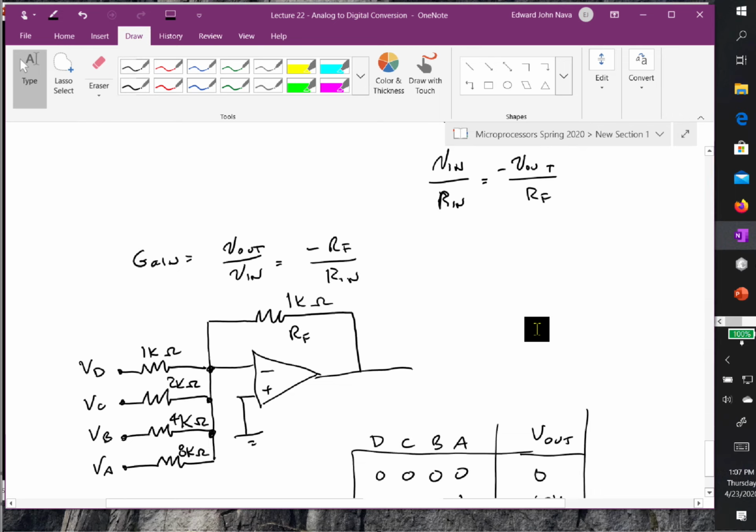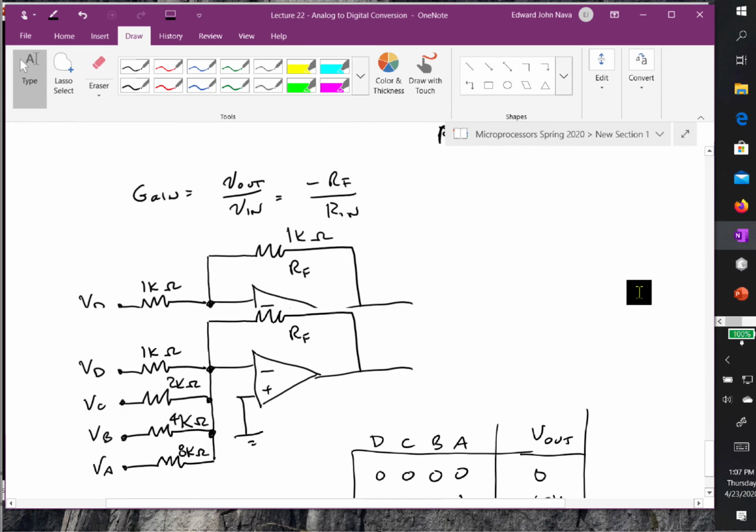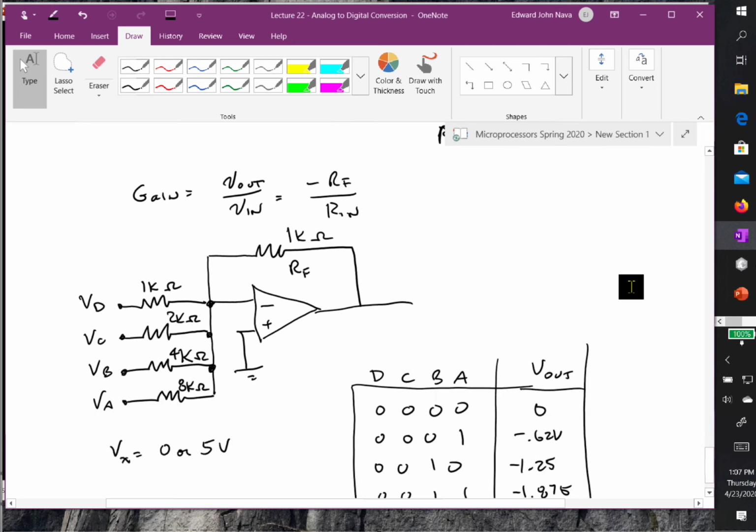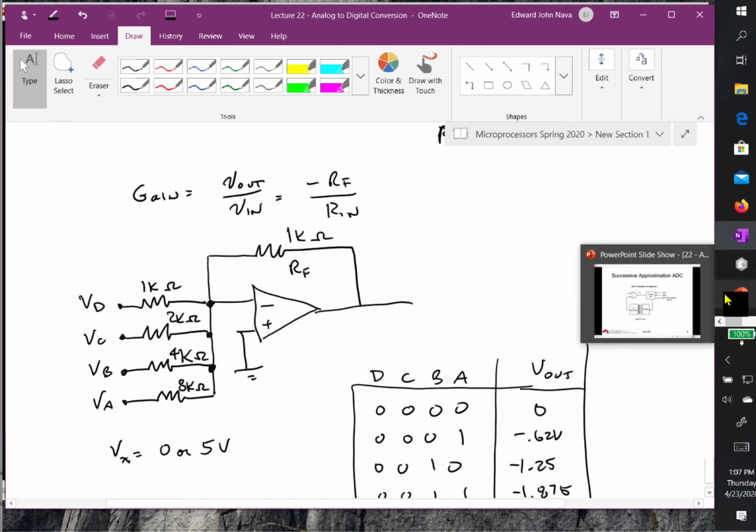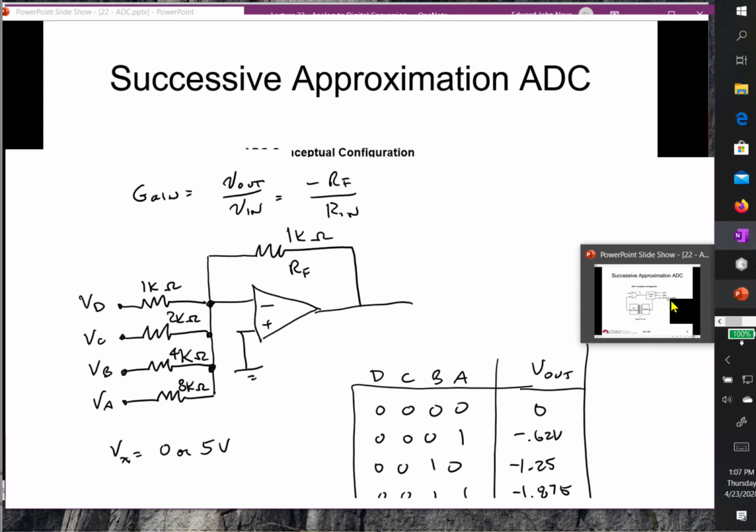So one thing that I might do is use semiconductor switches to switch in these voltages, because I'm going to have to energize those and step through some values to be able to come up with an estimate. So let's come back to how this successive approximation A to D works.